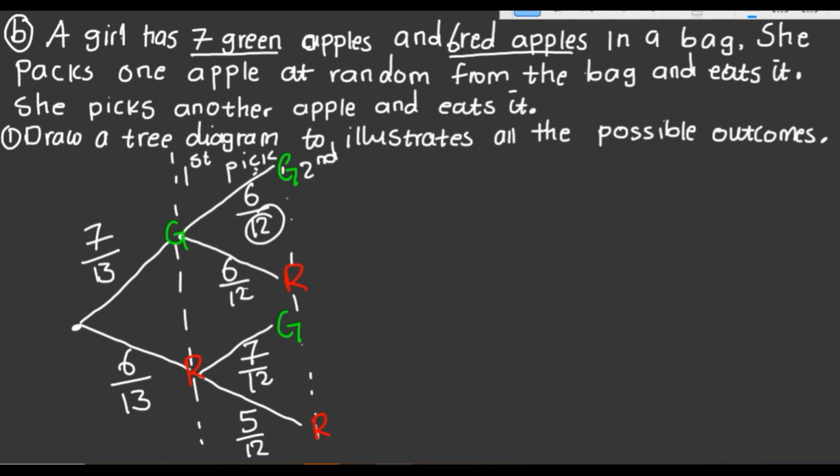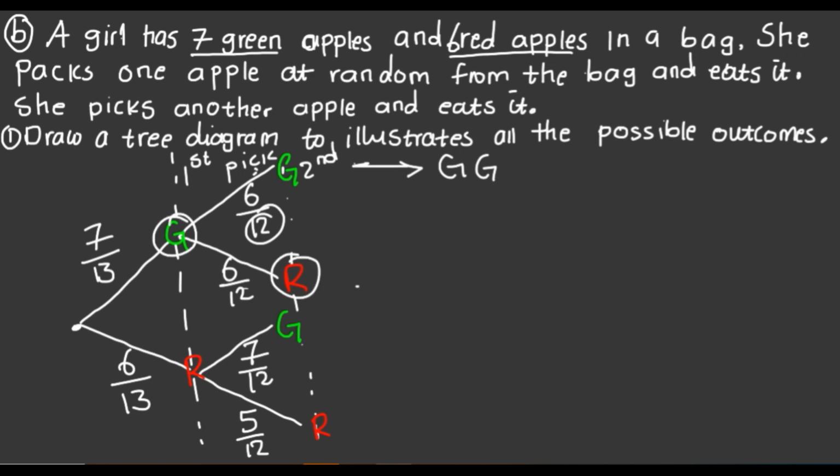Let's now look at the possible outcomes. How can we draw the possible outcomes? For this one, there is green, green, so we put GG. For this one, we are going to have green, red.